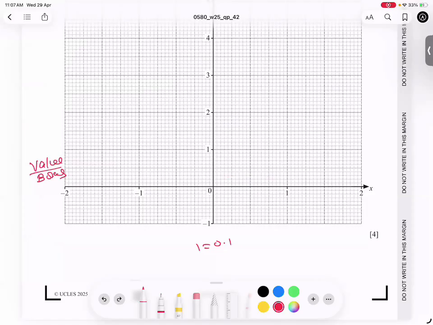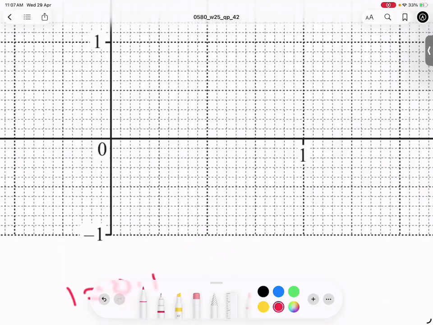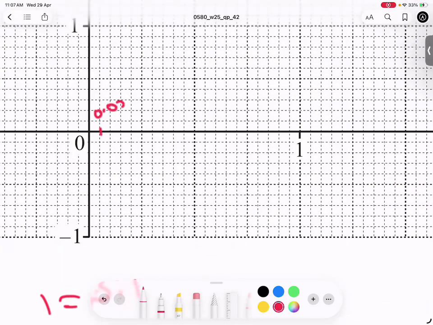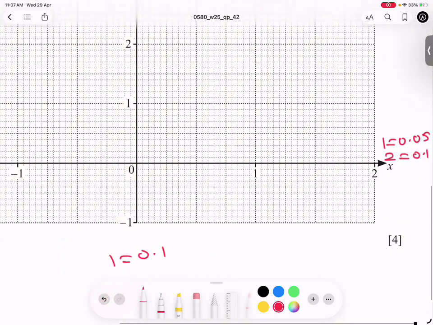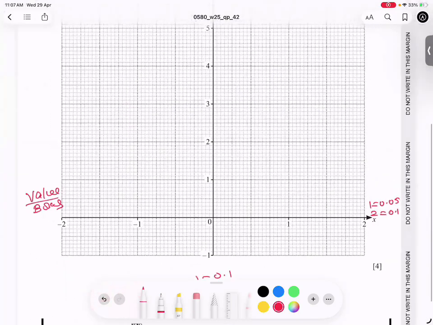So we get 1 box is 0.05. And 2 boxes is 0.1. So if I ask, what is this? 0.05. And what is this? 0.1, 0.2, 0.3, 0.4. This is a very, very important thing we have to keep in our observation.